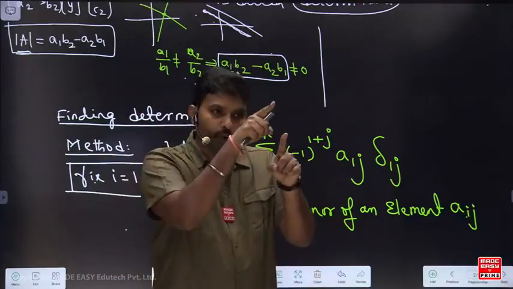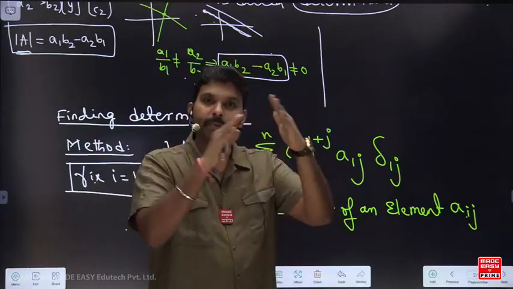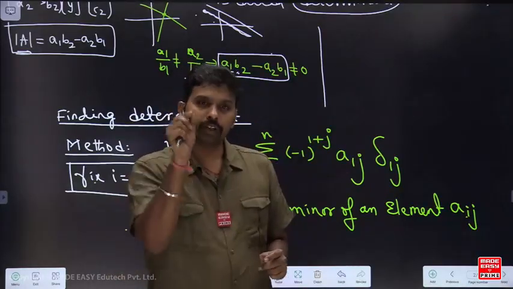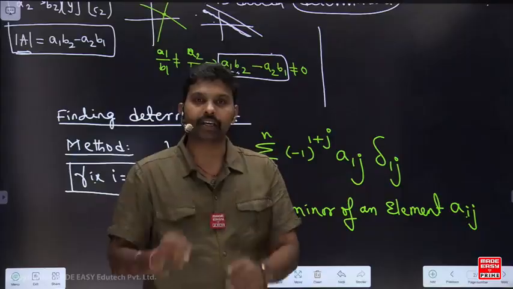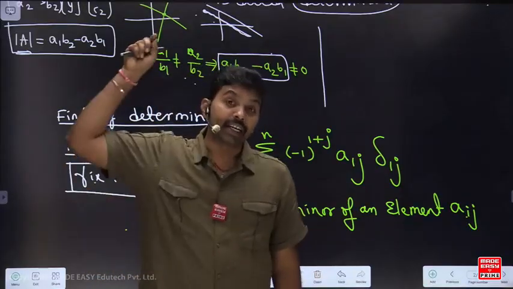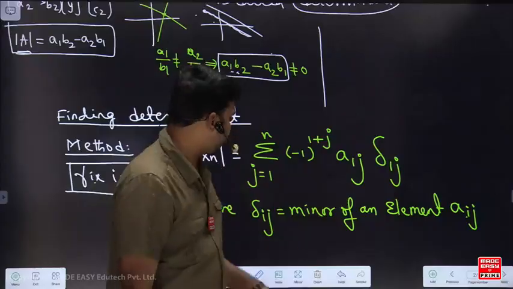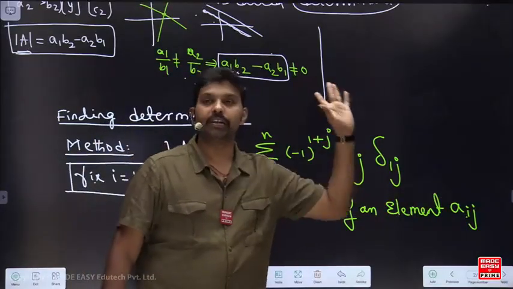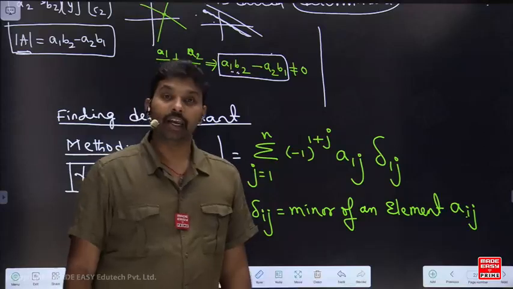The corresponding row and column of that element has to be deleted. After removing one row and one column you will be getting a sub matrix here. Now the determinant of that sub matrix is called the minor of that element aij.